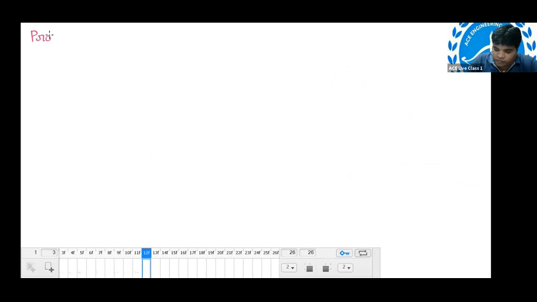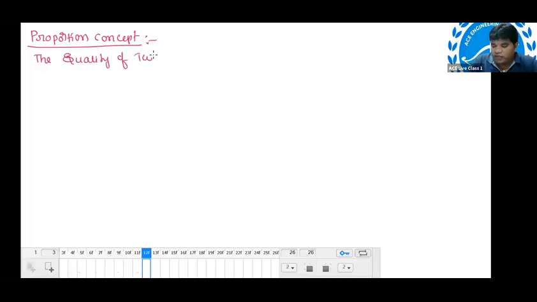Proportion concept. The equality of two ratios is called proportion.